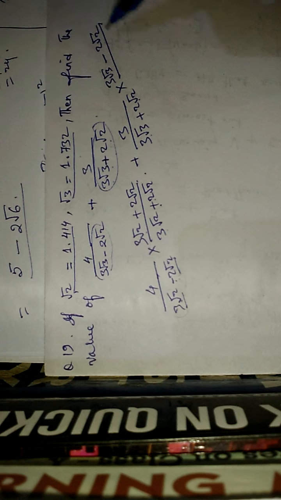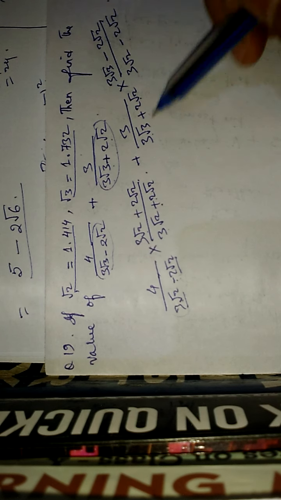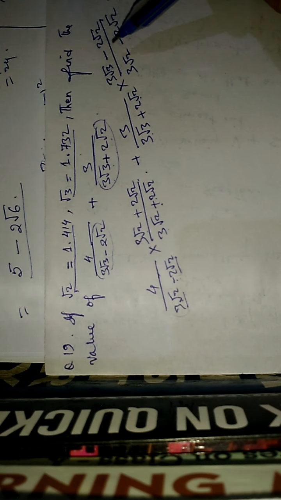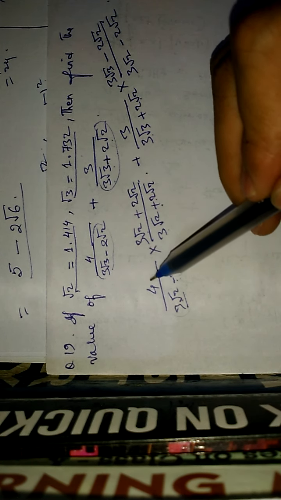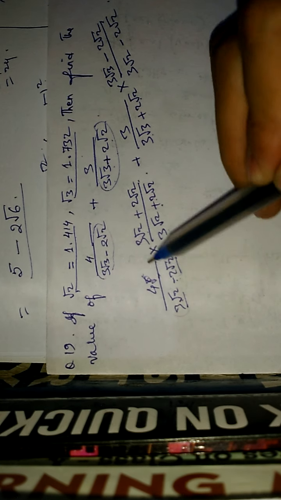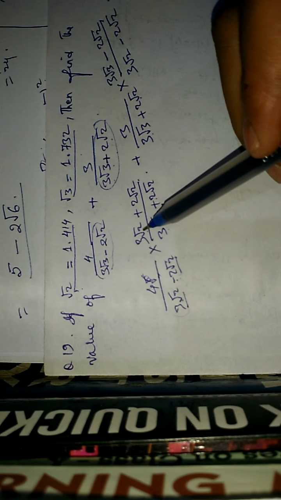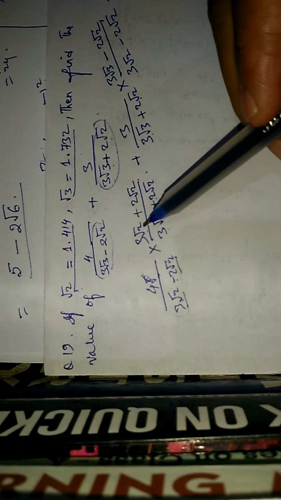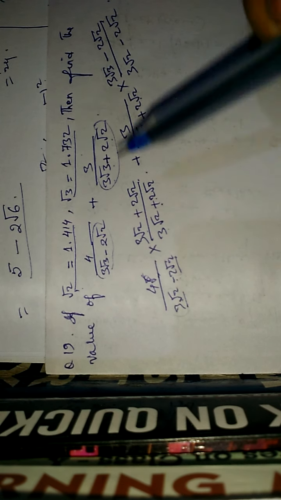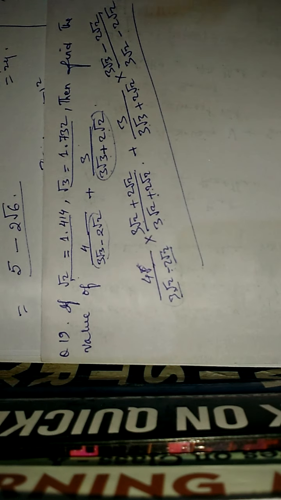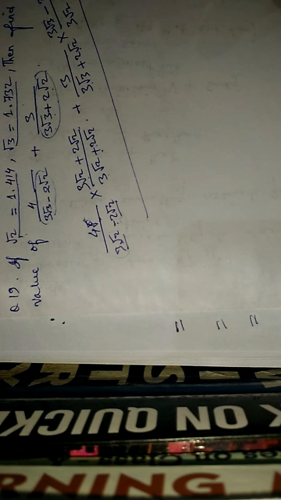Okay, on rationalizing you will get all these root 2 at the numerator, and then put their values and multiply it. After that you will get the final answer. Okay, you have to do this one also. Your homework, you have to copy down the previous question's answer, and you have to solve question number 19 also.